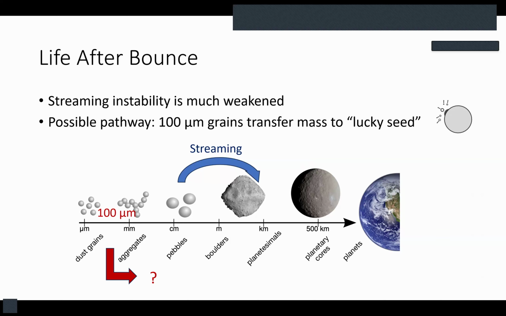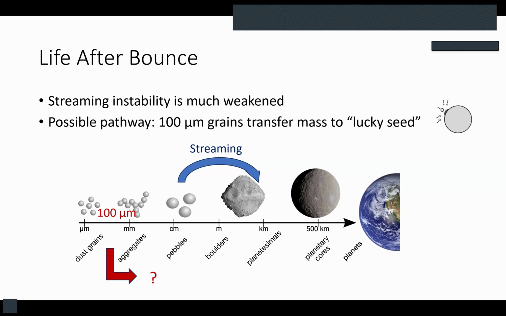So the first thing we consider is the streaming instability, which is the leading theory in planetesimal formation. The streaming instability allows the centimeter pebbles to jump across the fragmentation barrier into kilometer planetesimals. But we find that for 100 micron grains, the streaming instability unfortunately is not effective.